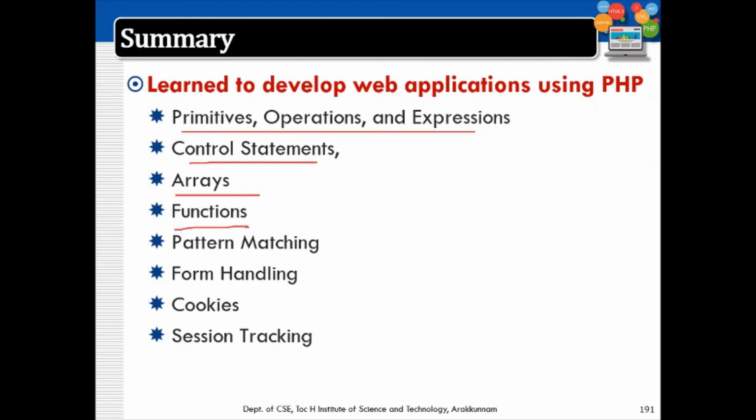Now we have learned functions, how you write a basic function, what pass by value and pass by reference mean, how you set default parameter values, all those things in functions.